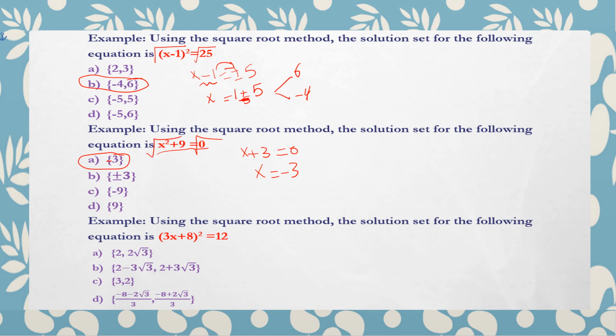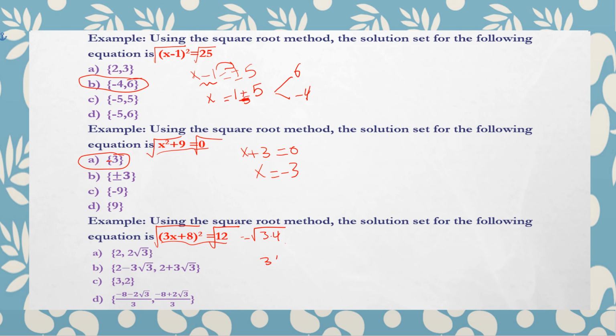Using the square root method, find the solution set for the following equation. Again, by taking the square root for both sides, we get, for 12, there is no square root for 12. So this equals the square root of 3 times 4.